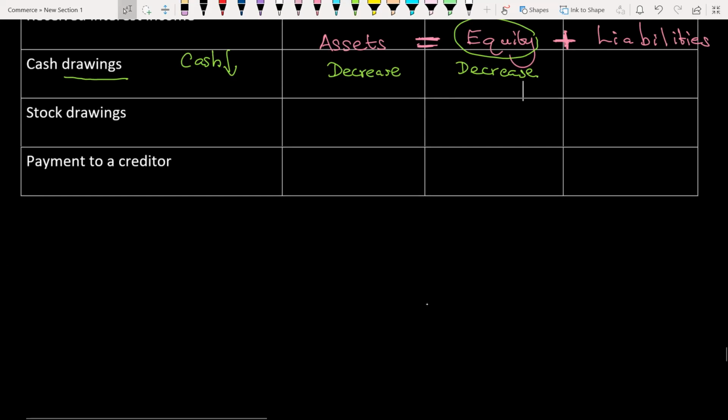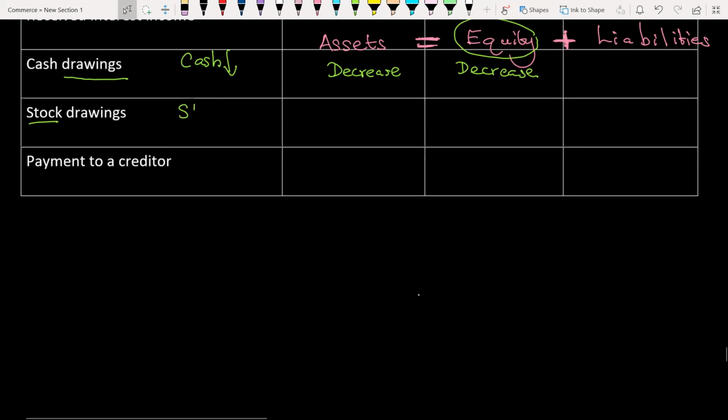Since the owner takes business assets for his personal use, the value of the assets in the business that belongs to the owner decreases. Right, what about stock drawings? Here, the owner withdraws stock of the business for his personal use.